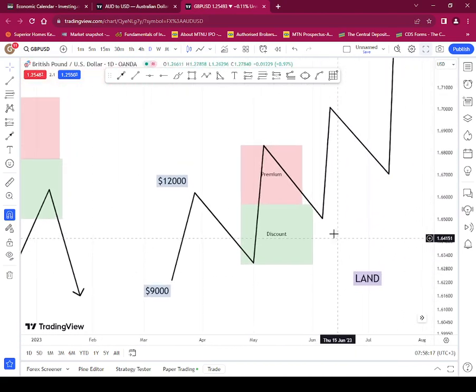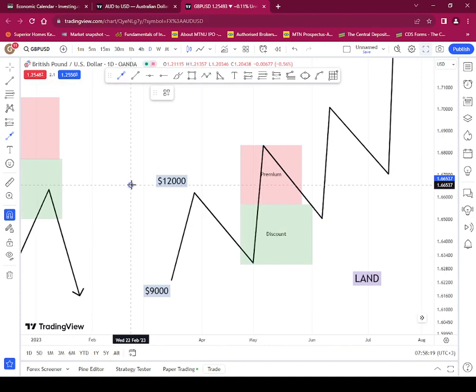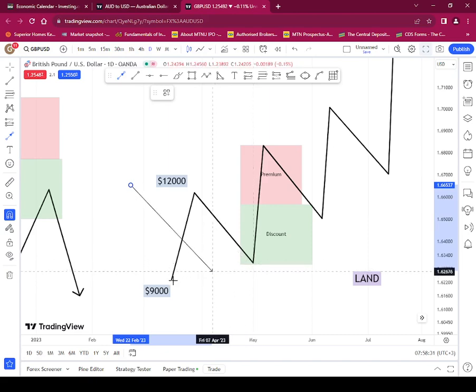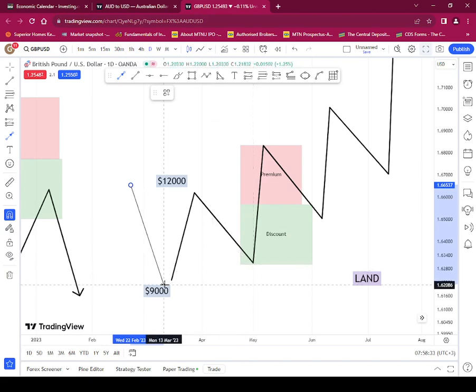Let's go to the land. In land business, at the beginning of the year, these were the prices that we experienced for land, and then it shot up to $12,000 and then came back down. Let's say something close to $9,800.